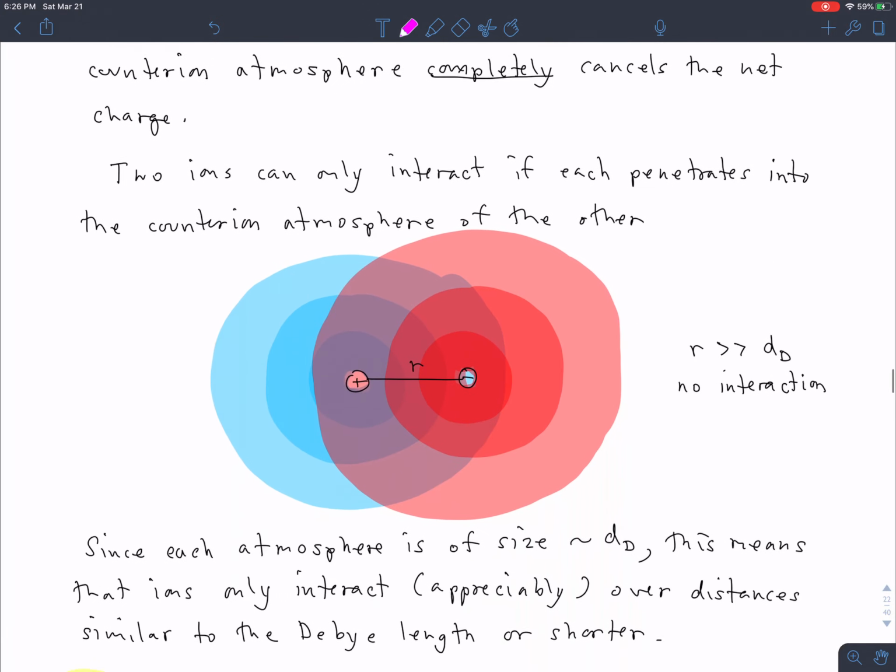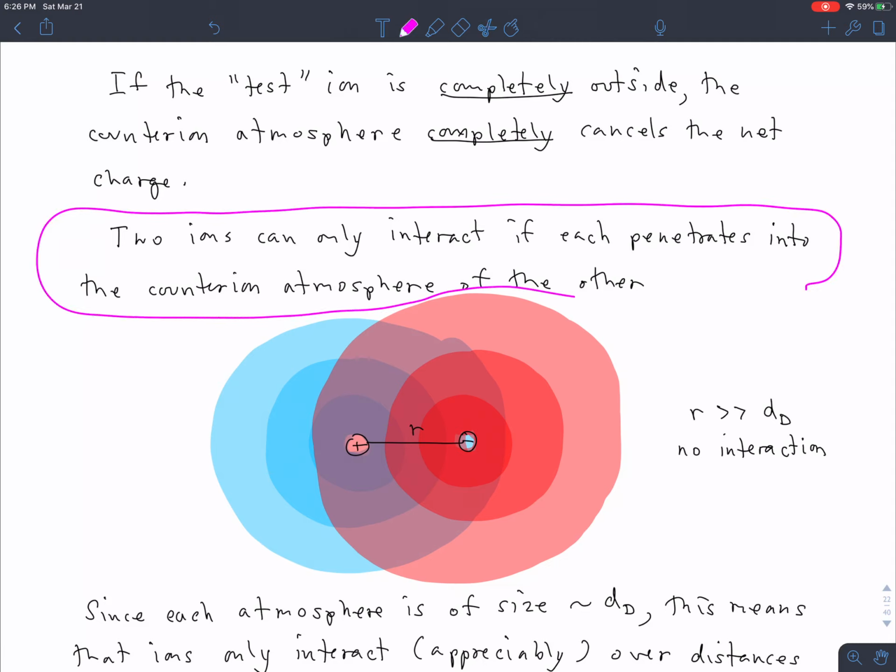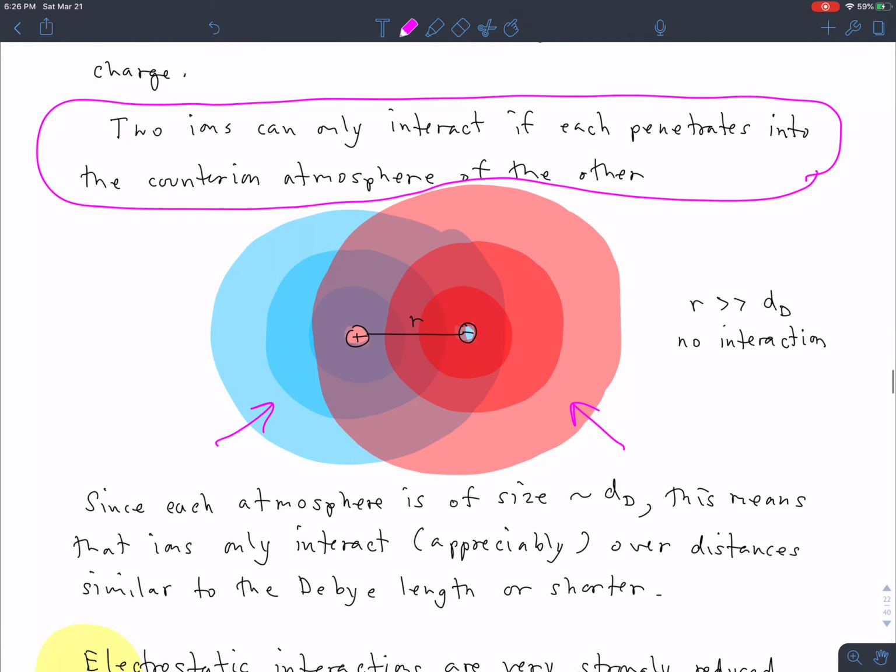And so, in a screened environment like this, here's the conclusion, here's the bottom line. Two ions can only interact if they penetrate inside of each other's counterion atmosphere. So here you've got a positive charge with a blue counterion atmosphere. Here's a negative charge with a red counterion atmosphere. They're both inside of the counterion atmospheres of each other, which means they do interact.